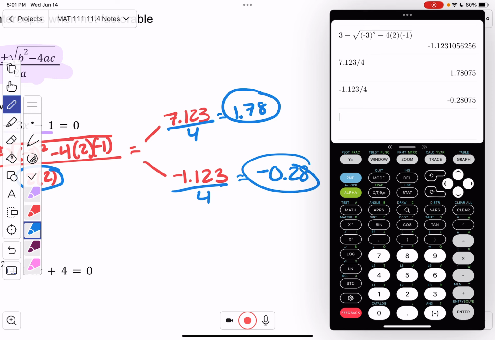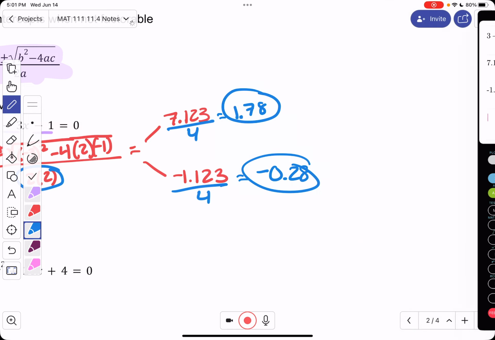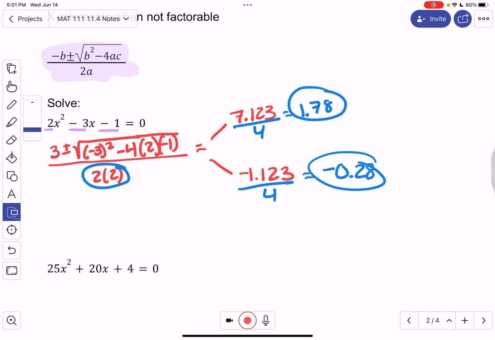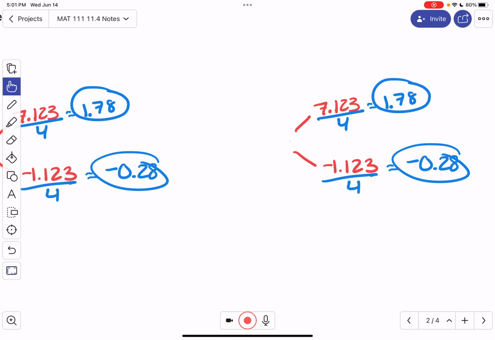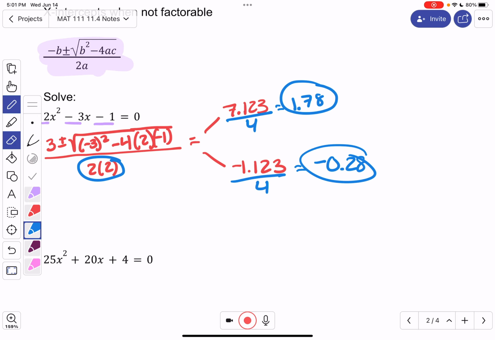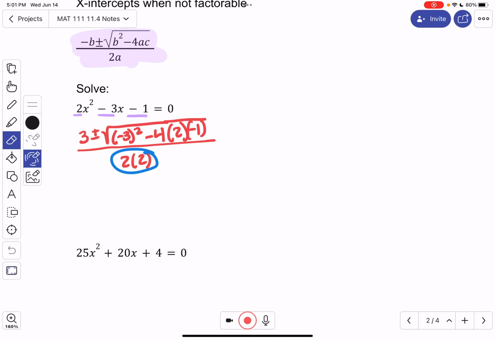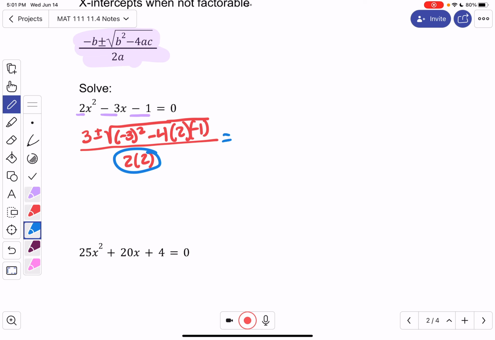So if we don't care about exact, we just type it in just like that. If we do care about exact, we would just do the inside part first. So negative 3 times negative 3 is 9. And then negative 4 times 2 is negative 8, times negative 1 is positive 8.